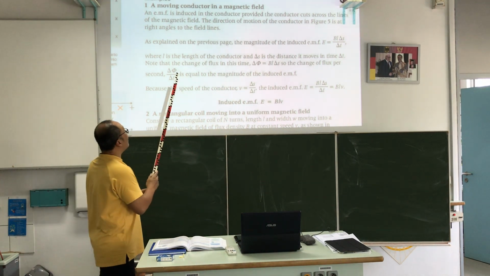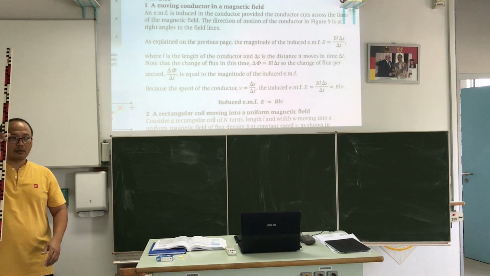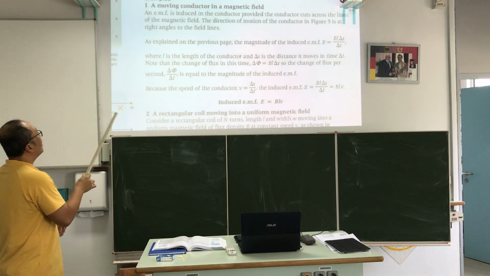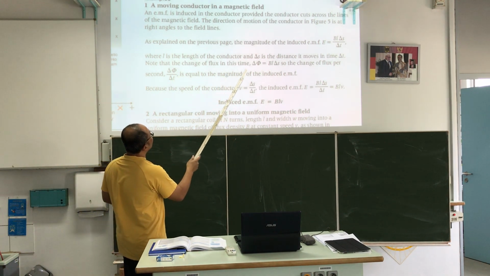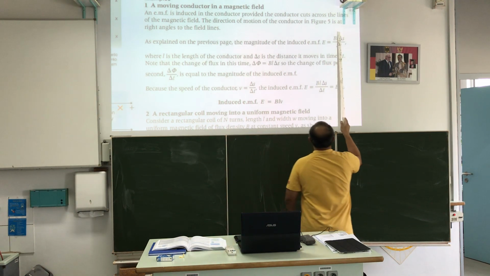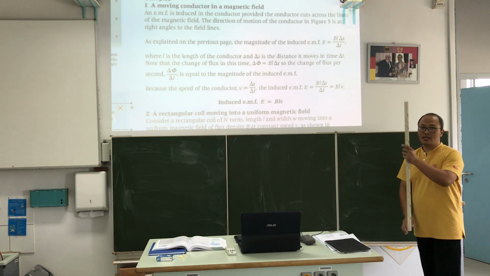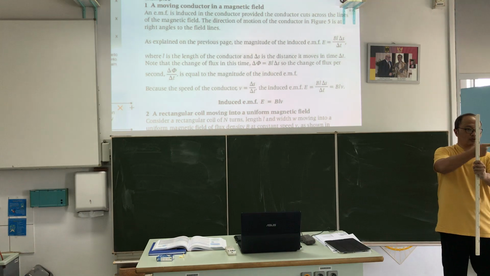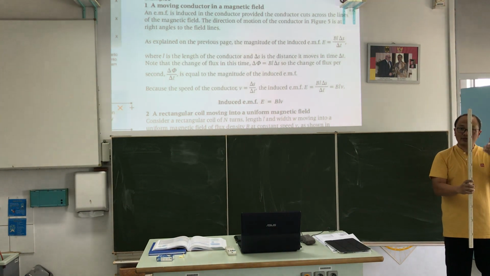You have a moving conductor, just one conductor like this, and then you understand that there is a change of area. Remember? This is the length times the zurückgelegte Weg, the distance traveled.